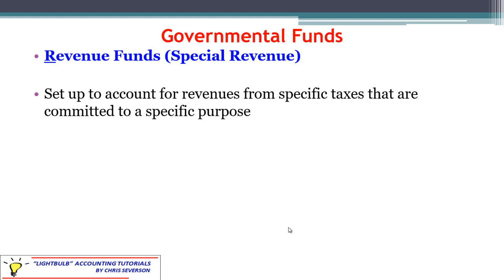And we'll see some of those later on. But here, just a general rule is that if you set up an account to handle revenues from specific tax revenues or other streams that are committed to a specific purpose, this is where you'll track it.